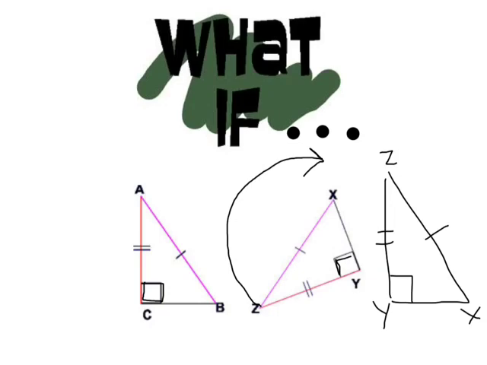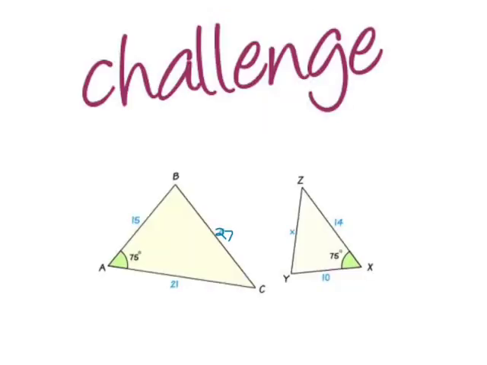Let's start getting into the proportion setup now. All right, we're going to give it a go. So the sides have already been labeled. We have A to B is 15, B to C is 27, and A to C is 21.